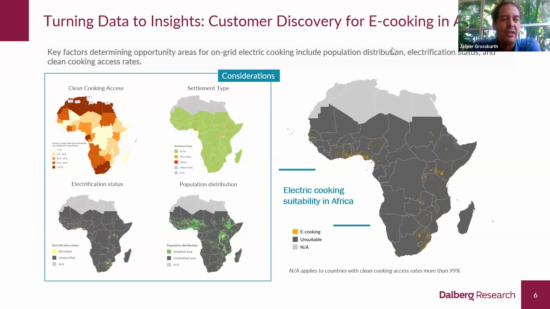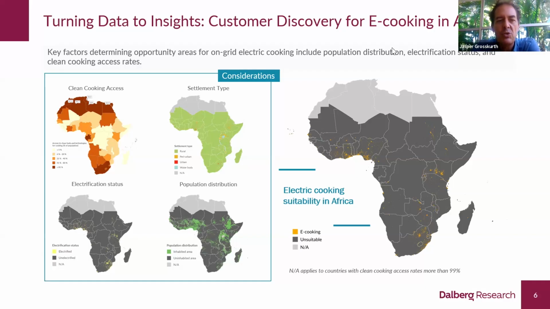You use AI to extract it. On settlement type, the green is the agricultural area, but yellow and other colors are different kinds of built-up areas. And then you have the electrification and the population distribution.